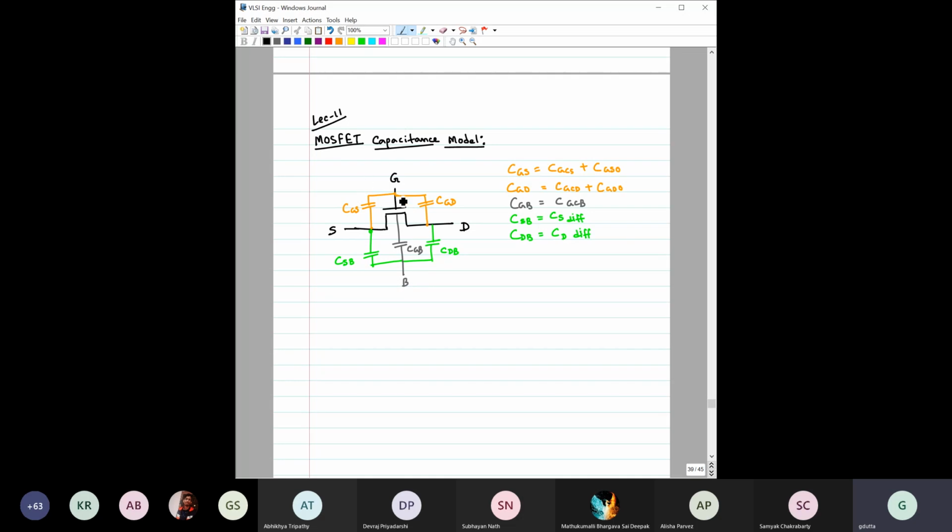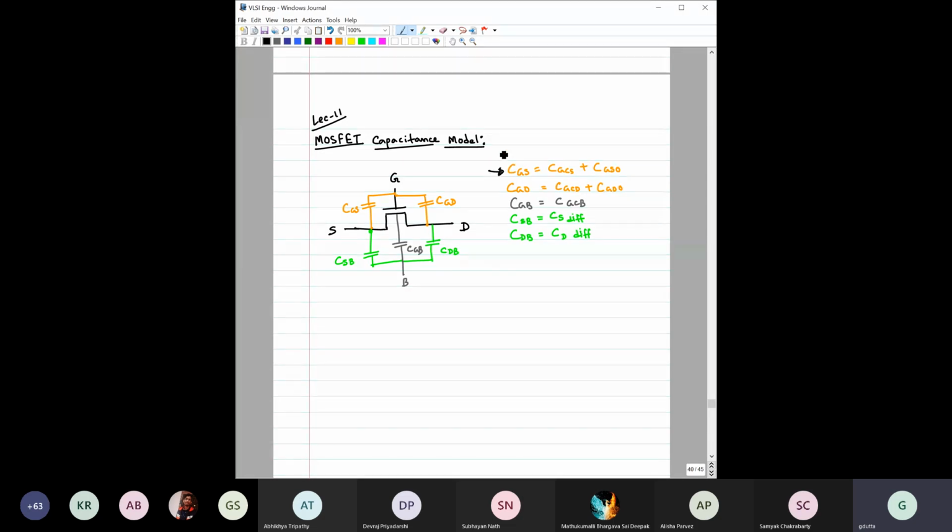So obviously there will be one capacitance between gate and source, one between gate and drain, and gate to body. At the same time, there will be capacitance between source and body, and drain and body as well. So if you have to see what the total capacitances are and what the components of these capacitances are, then we have to look at this.